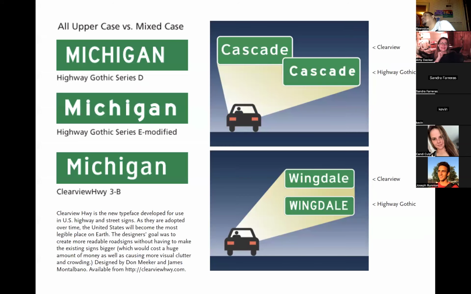And lastly, this is it. We're looking at typefaces from our cars, right? Highway Gothic is what's been on the roads since we started driving. Right now, we're in the midst of having the oldest population we've ever had in the United States. We have more people over the age of 60.